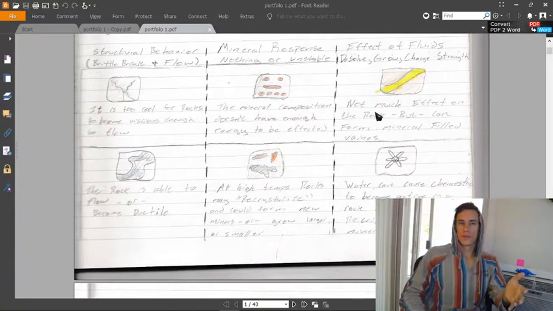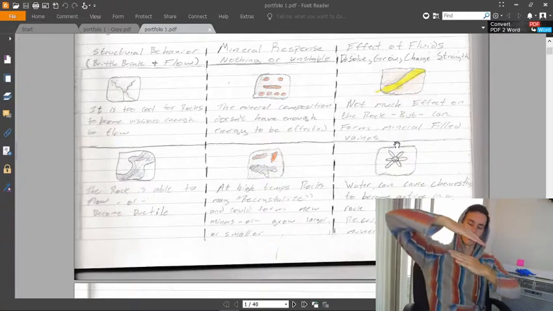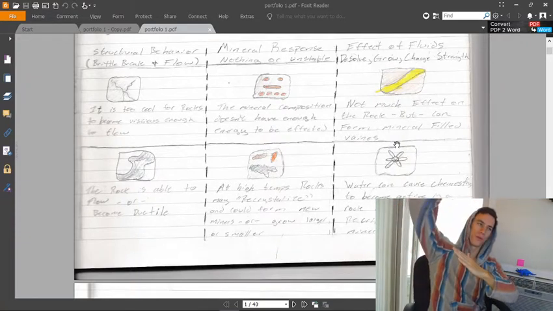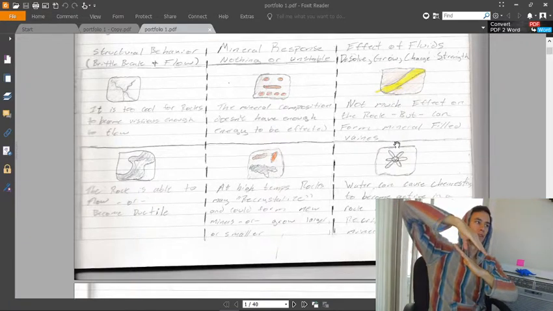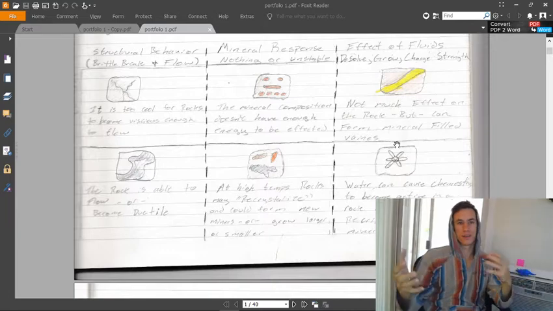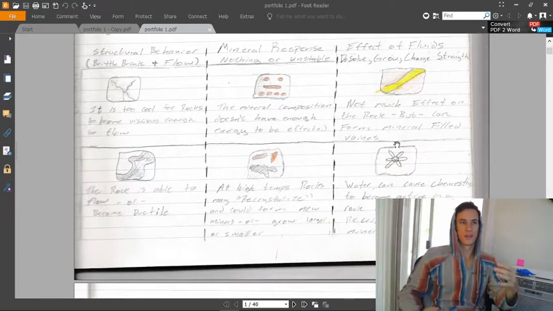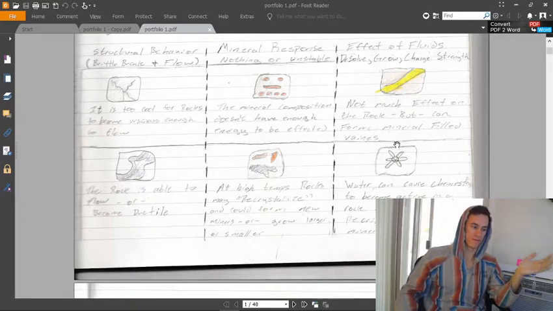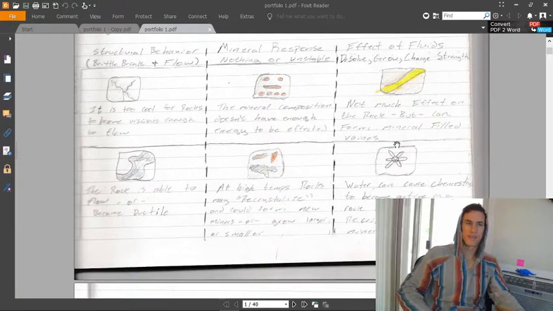So if there's a space in the rock and water's pouring through that space, the mineral can be crystallized in that open space, or the water can cause chemical reactions to occur within the material, like forming hydrochloric acid to dissolve limestone, something like that.